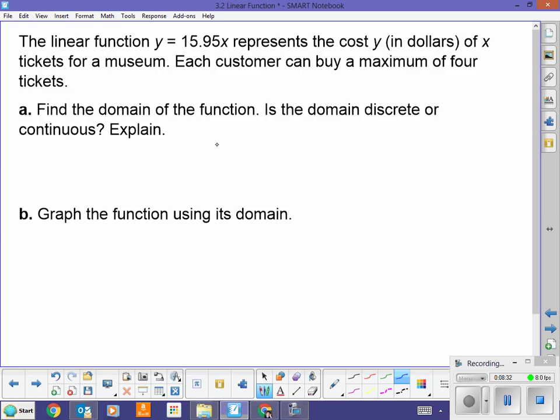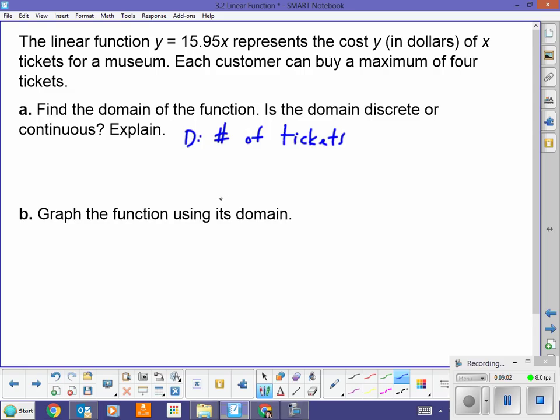Is the domain discrete or continuous? Well, x is the number of tickets. So you have to ask yourself, since the domain is number of tickets, and discrete means separate, and continuous is like all together, you kind of have to ask yourself, can I buy fractions of a ticket?